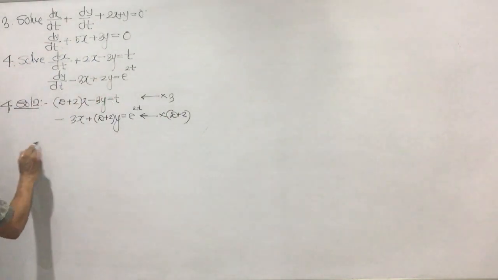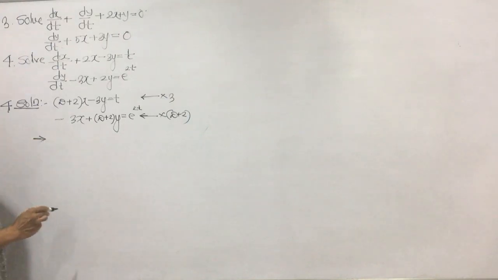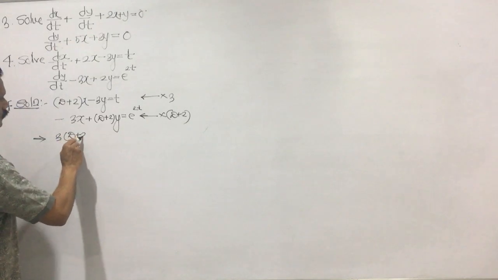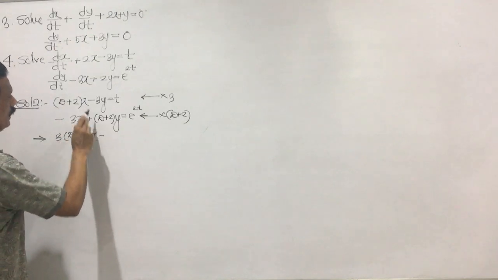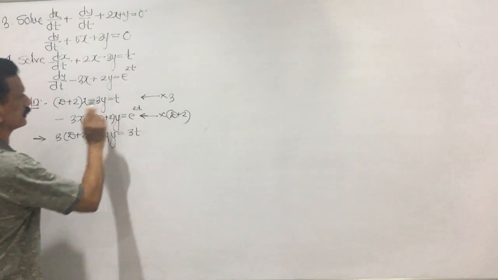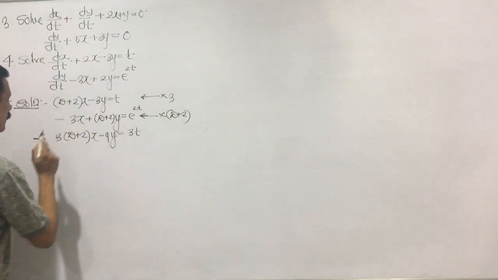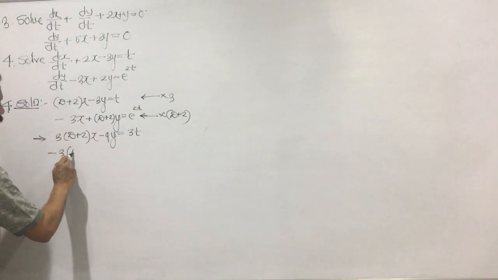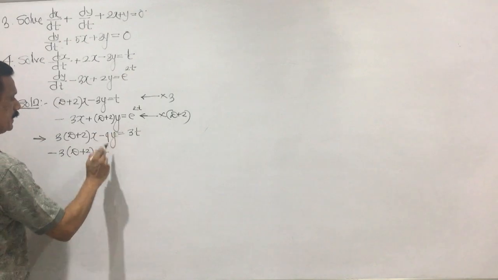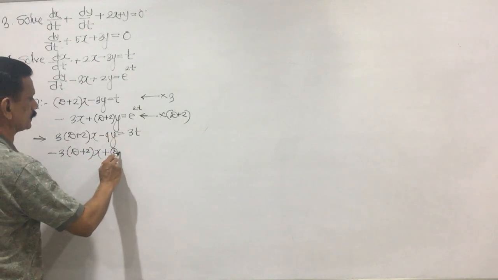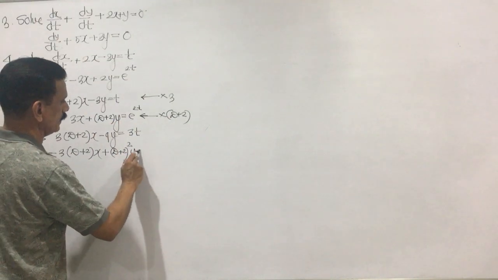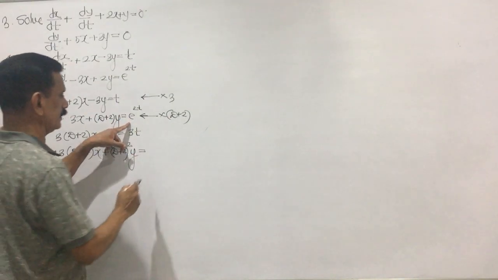So, this implies, see here what we get, 3 into d plus 2 x plus minus 3 3s are 9y, and 3 into t is 3t. Next to multiply by d means minus 3 into d plus 2 x plus d plus 2 whole square y, and I multiply here.